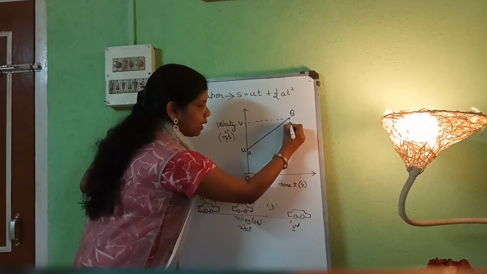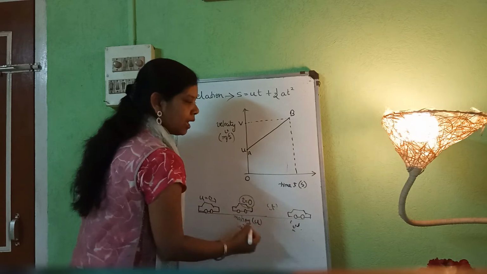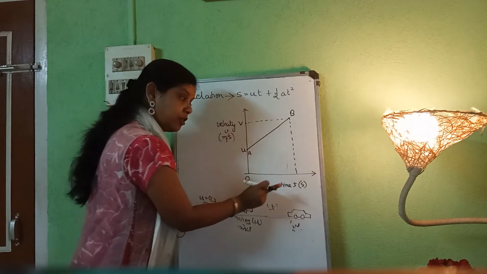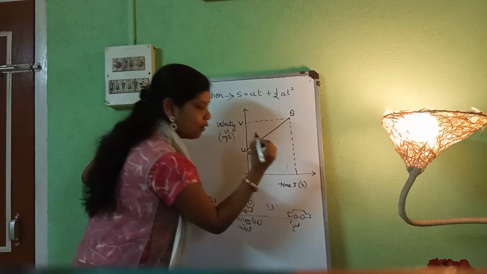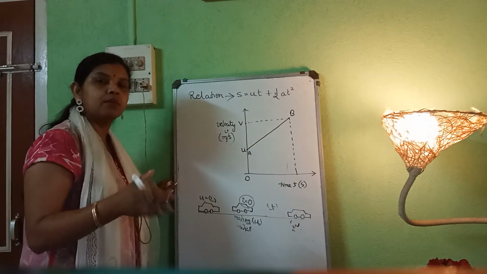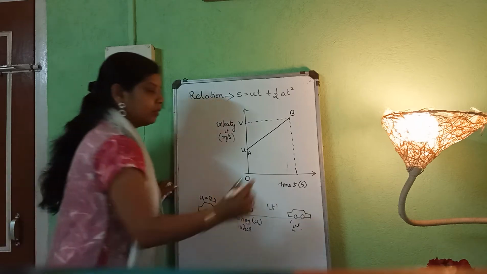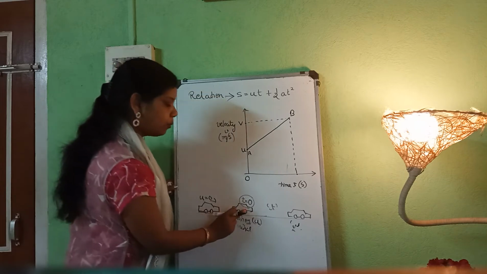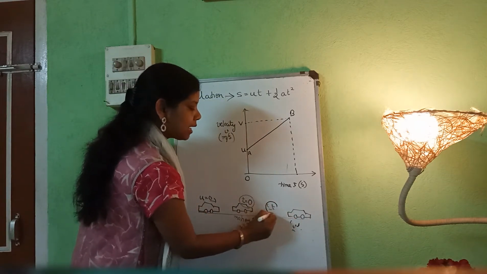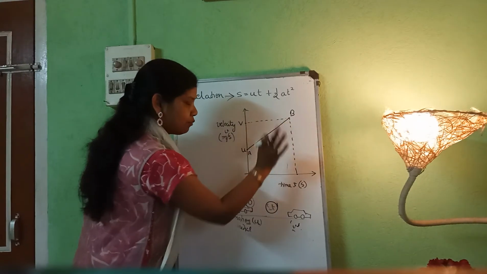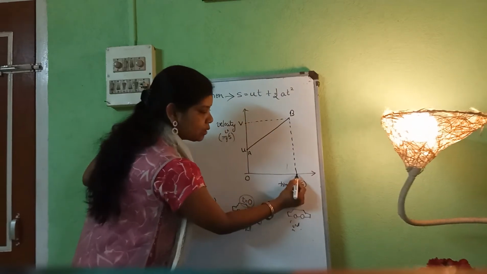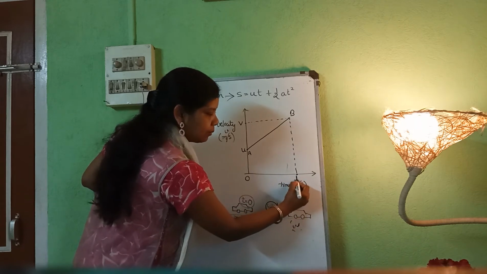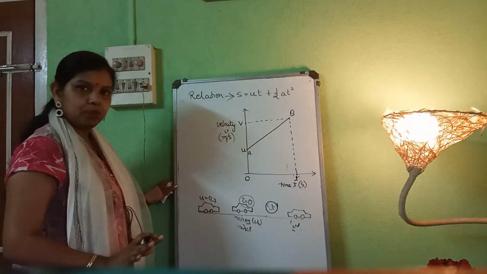Again I will draw a perpendicular, and it is touching the time axis. This particular value, if it is 5 seconds, 5 hours, 3 minutes, whatever, is the time for which the vehicle is in motion. From here to here, T is the time. I hope it is clear.